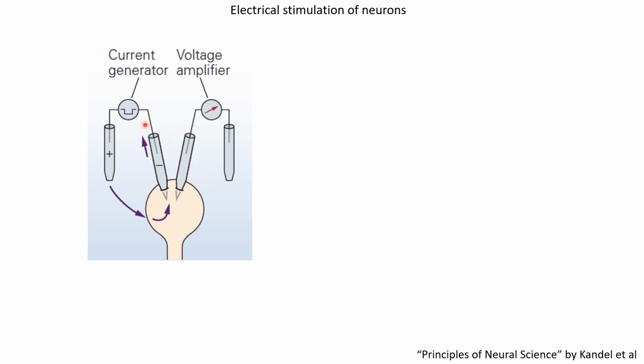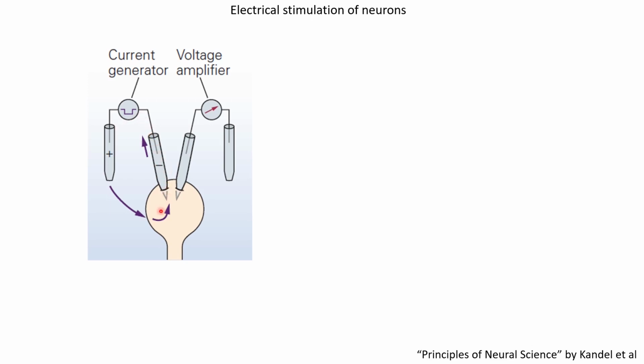Now you have a second pair of electrodes, where one is placed outside as the reference and one goes inside the neuron, and this second electrode can be used for stimulating the neuron. If this electrode is connected to some current generator, then whatever current you generate here will be passed into the neuron, and you can generate both positive currents or negative currents.